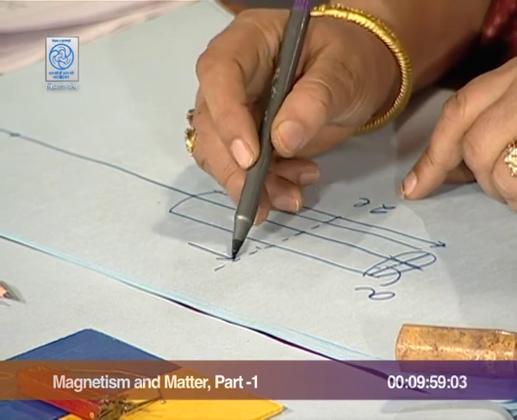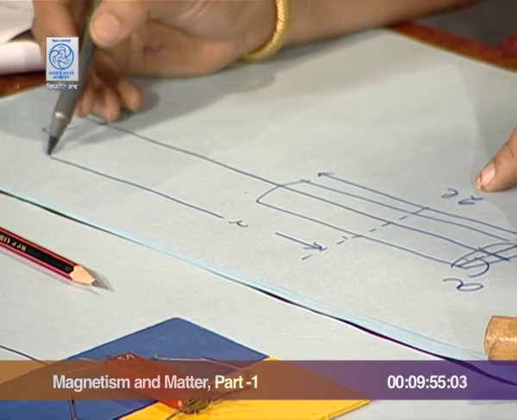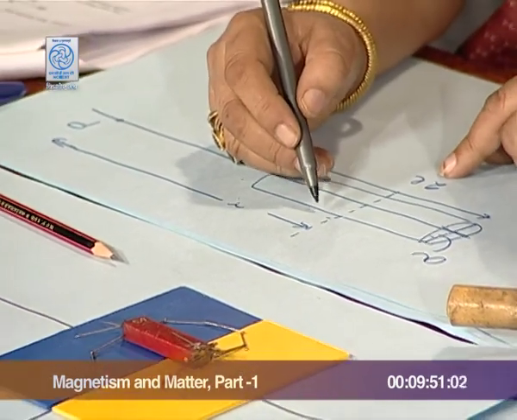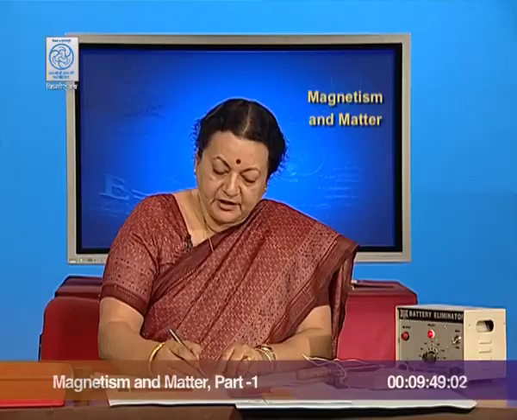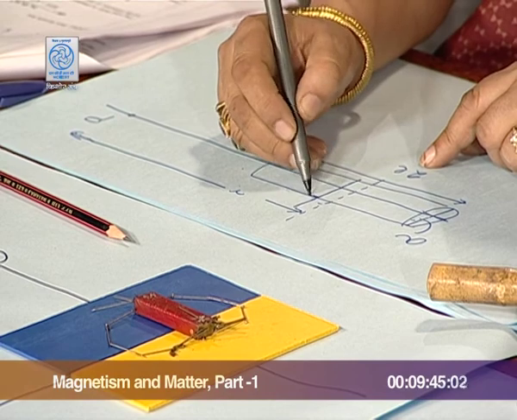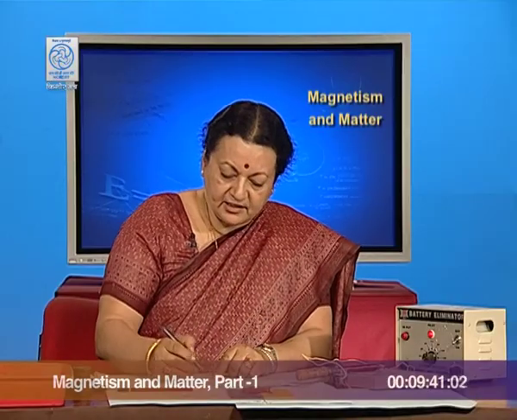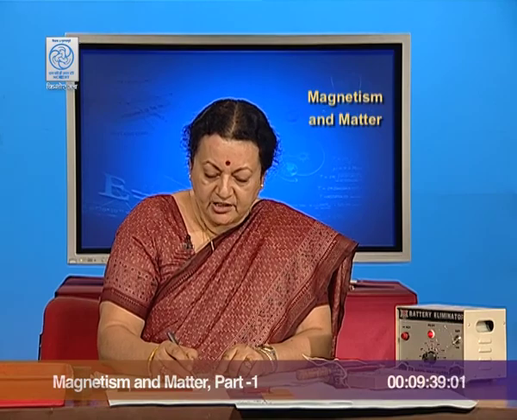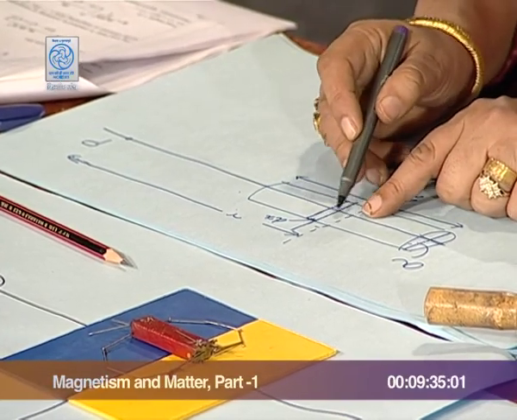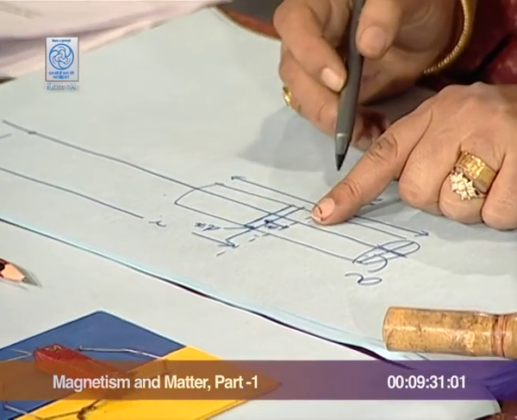Let us say the distance of this point from the central point is some value r, and we want the field. So, let us imagine a small element somewhere around here like this, which would be my dx, and say it is at a distance of x from the center of the solenoid.